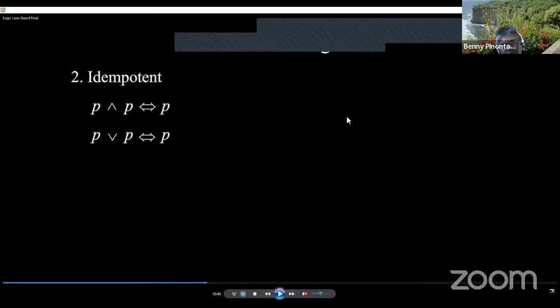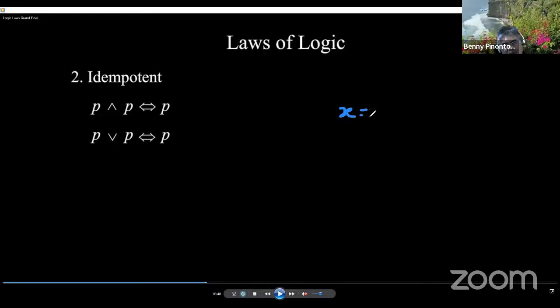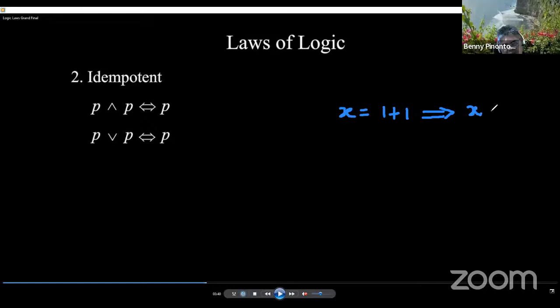So for example, x equal to 1 plus 1, and that is x equal to 2. You can just put it like this.